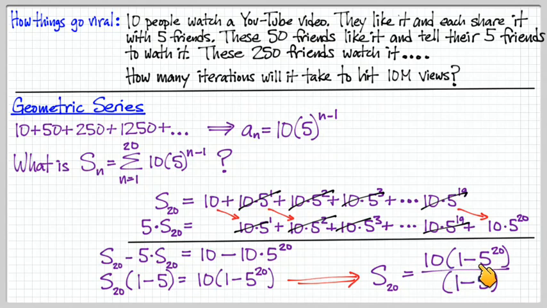I'm not going to calculate it right now because I want to show more in this example the method in which it's done. And we can get to this general formula where we have 10 here, which was the very first term, times 1 minus 5. The 5 here comes from the common ratio raised to the 20th power, which was the number of terms that we're adding up, divided by 1 minus 5, where again 5 is the common ratio.